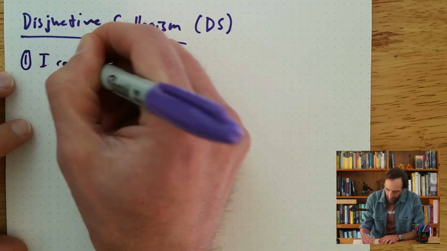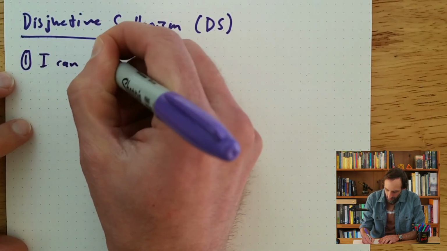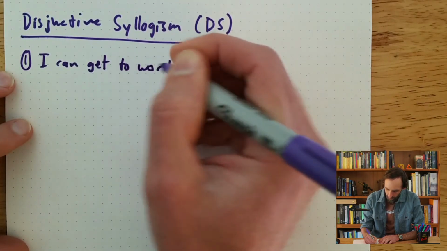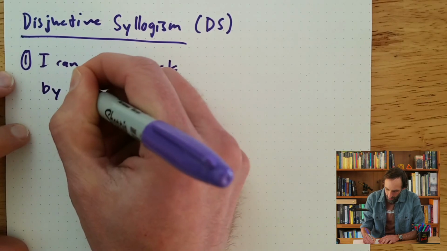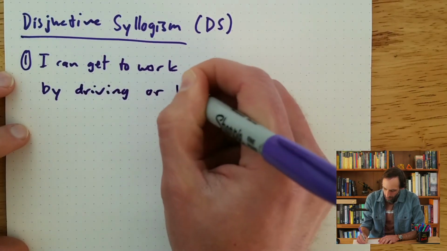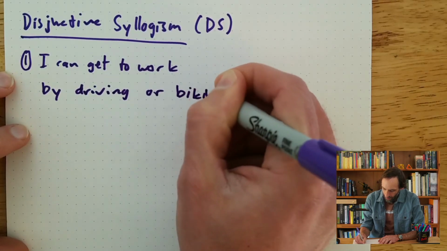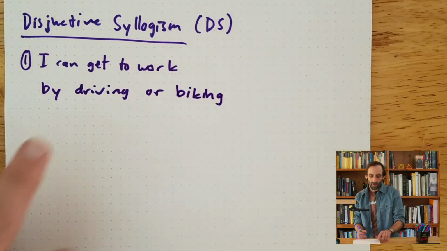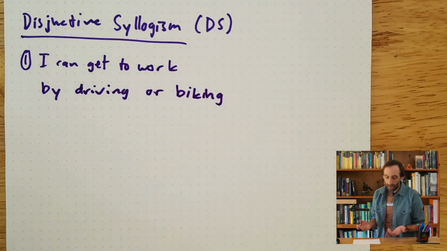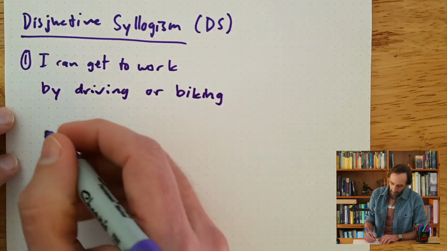I can get to work by driving or biking, okay? And when I say driving, I mean driving a car, and when I say biking, I mean biking on a bicycle.